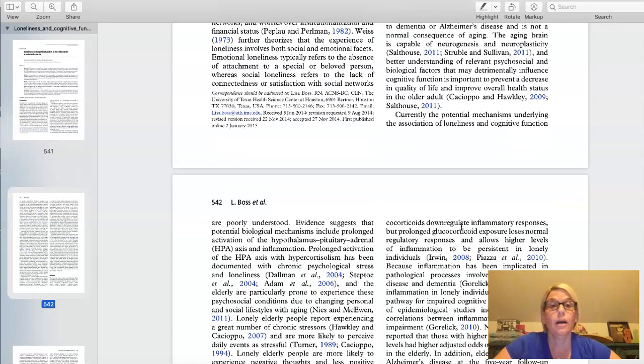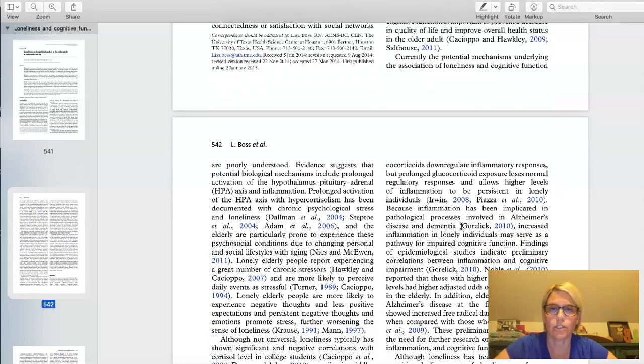And so the way that we think they're connected is the same way that we think stress and cognitive decline are connected. So we have potential biological mechanisms underlying the association of loneliness and cognitive function.